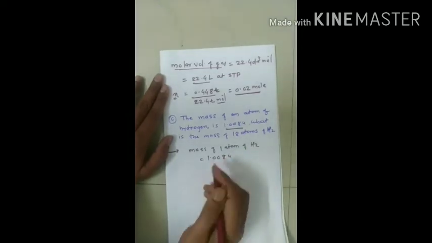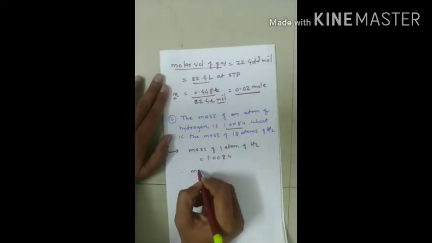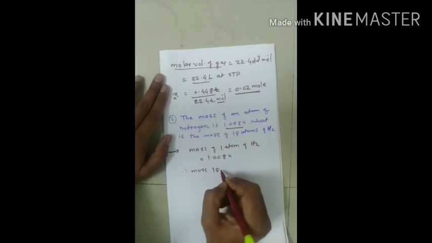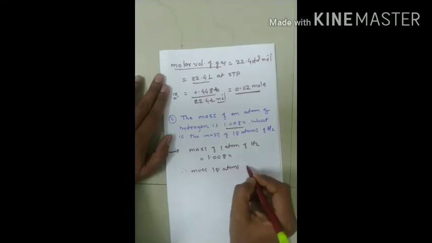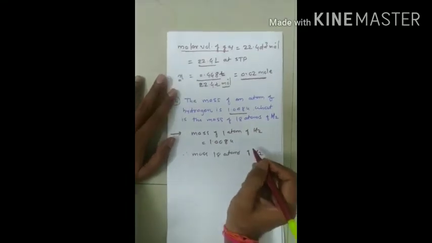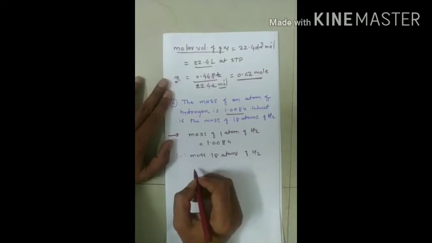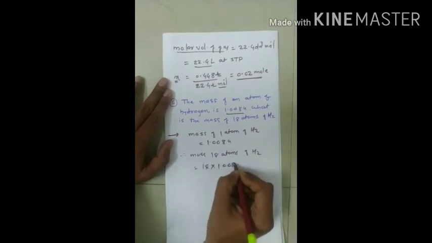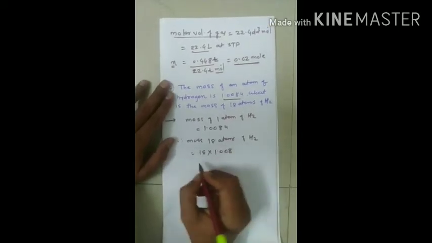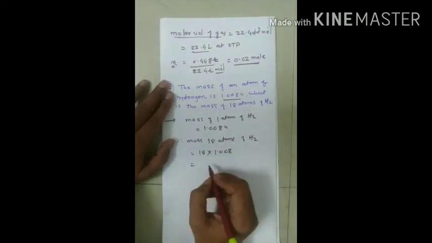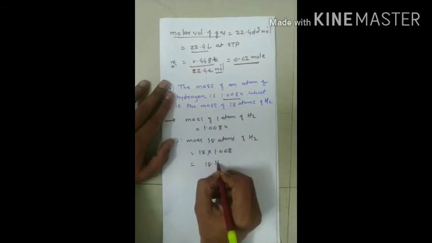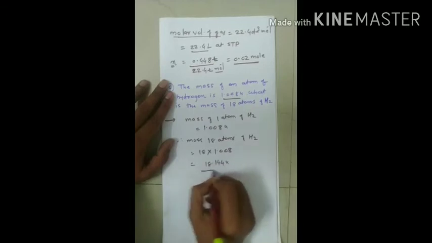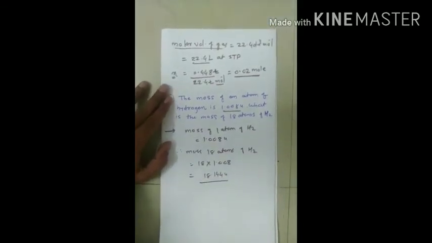Therefore, the mass of 18 atoms of hydrogen can be calculated as 18 into 1.008. If we solve it, it becomes 18.144 U. Very simple. You have to use the unitary method here.